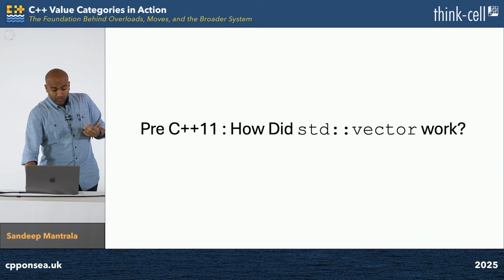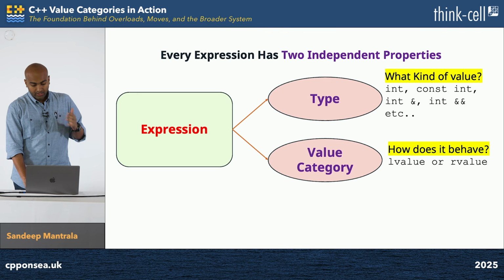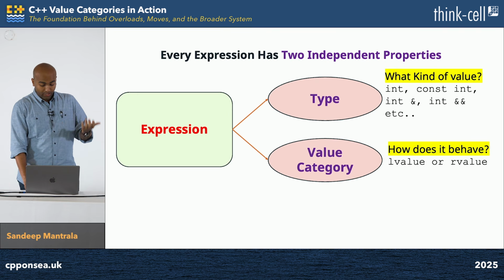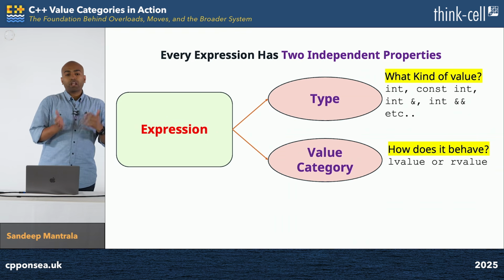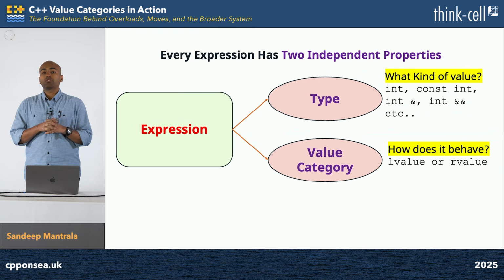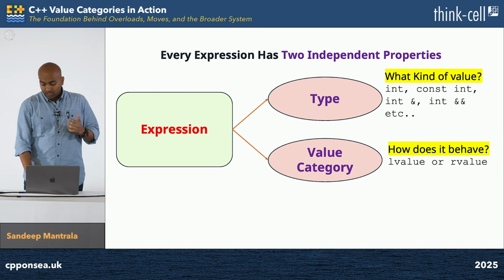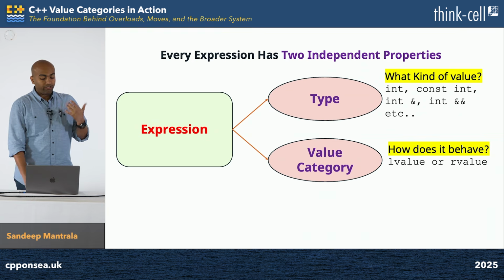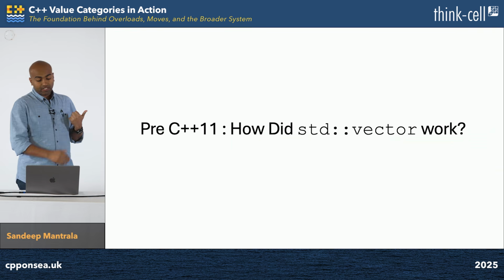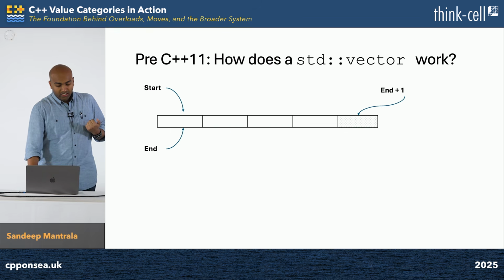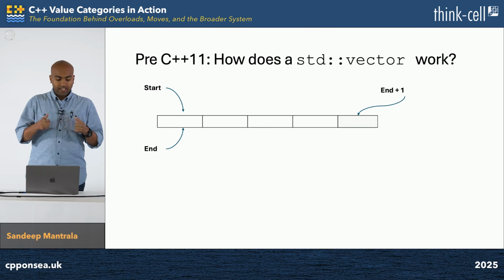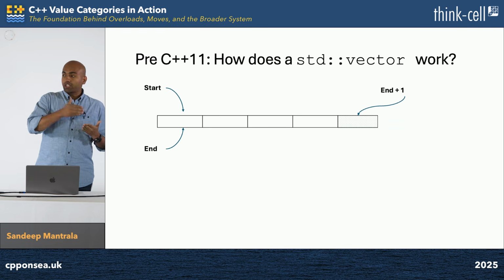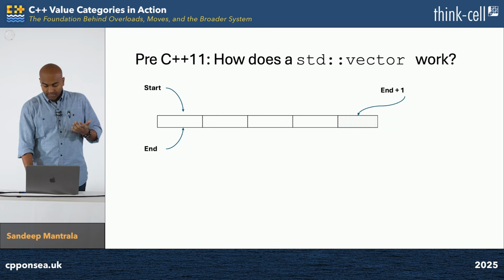Before we dive into the value categories and understand the different types we have, let's look at what kind of value categories we had prior to C++ 2011. In order to understand them, let's look at how a vector used to work before C++11. I think we all know how a vector works. Initially it has some capacity, and when you keep adding elements to it, it gets expanded.